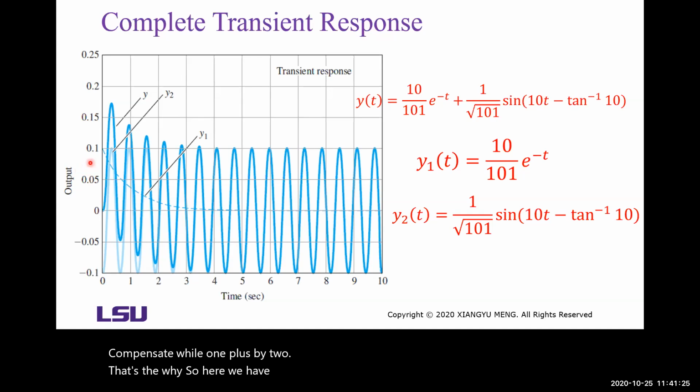It will decay to 0. So y1 is called the transient response. And y2 here is the steady state response. So the total output is the sum of the two.